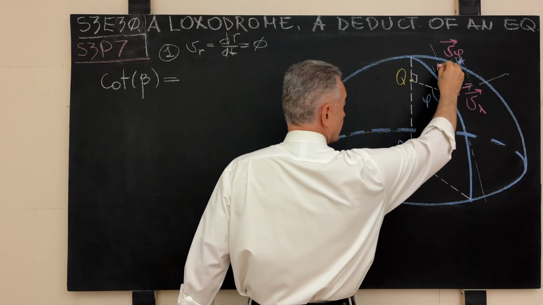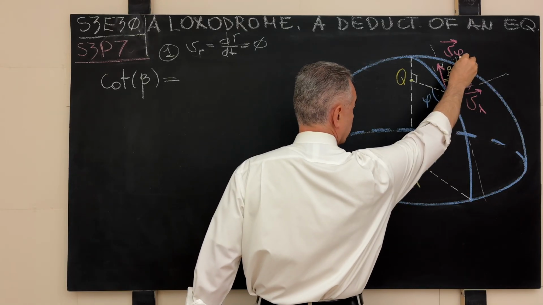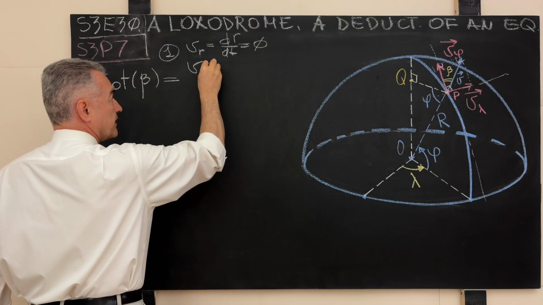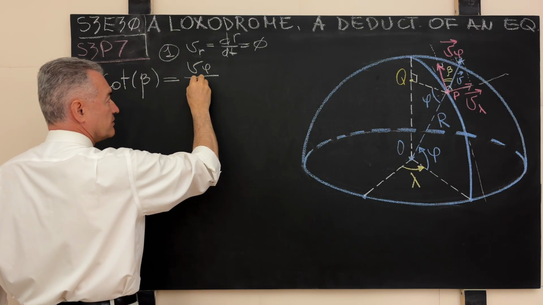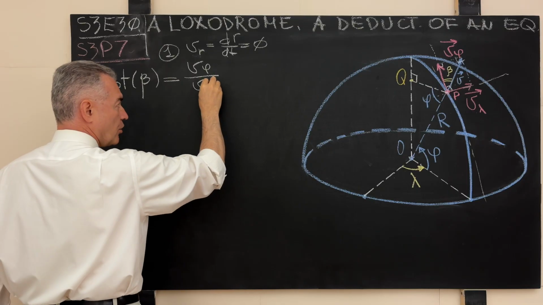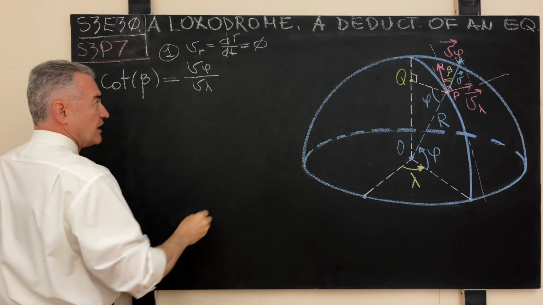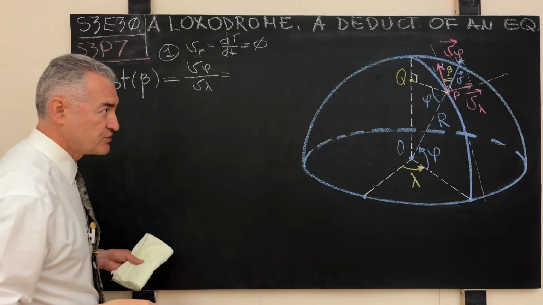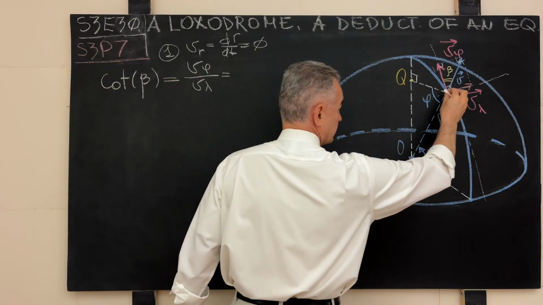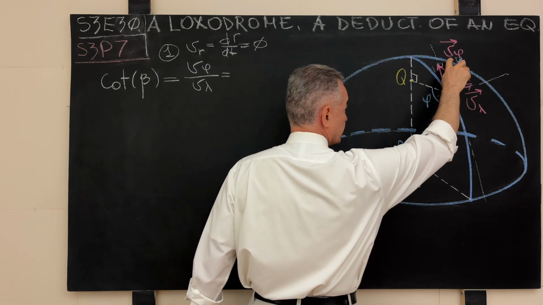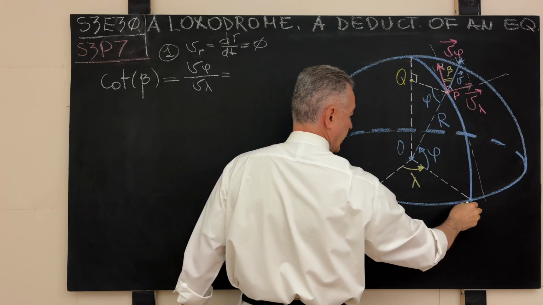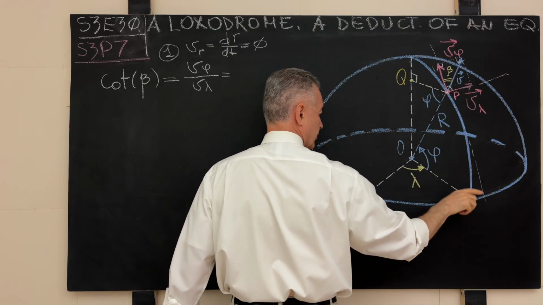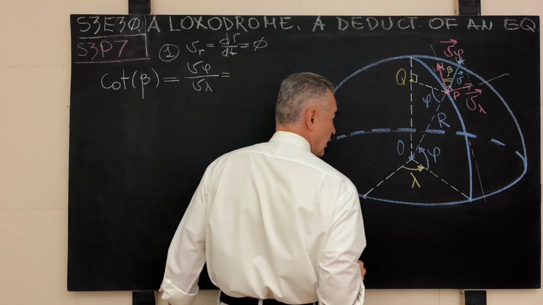It is equal to the adjacent side divided by the opposite side. So it will be the latitudinal velocity v phi divided by the longitudinal velocity v lambda. So now the question is what these velocities are, but this is more than straightforward. Look at this. The latitudinal velocity v phi keeps track of the angular displacement of a point with respect to the equatorial plane, this angle phi over here.